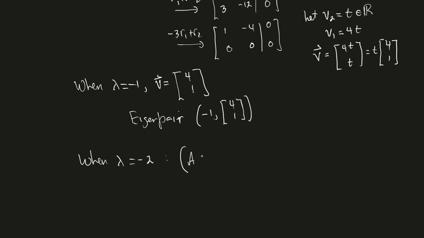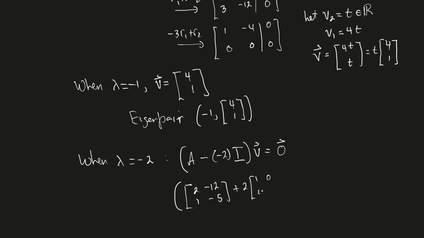It's our A minus lambda, so it's A minus -2 times the identity matrix times our vector v, and that's got to be equal to the 0 vector. So this ends up being 2, -12, 1, -5, plus 2 times the identity, 1, 0, 0, 1.